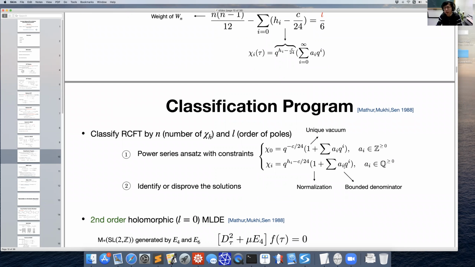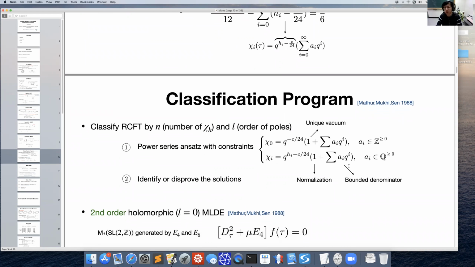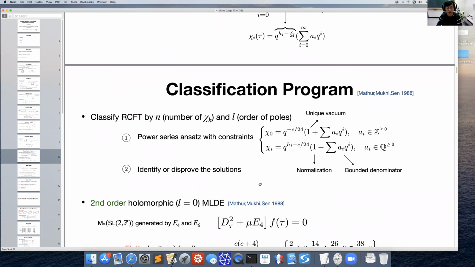Therefore all the a_i here can be rational numbers. But remember that because of normalization, the a_i should have bounded denominator, so the denominator cannot grow indefinitely. Then we do some computer search or analytical analysis to find possible solutions, and the next step is to identify or disprove the solutions using some physical arguments.